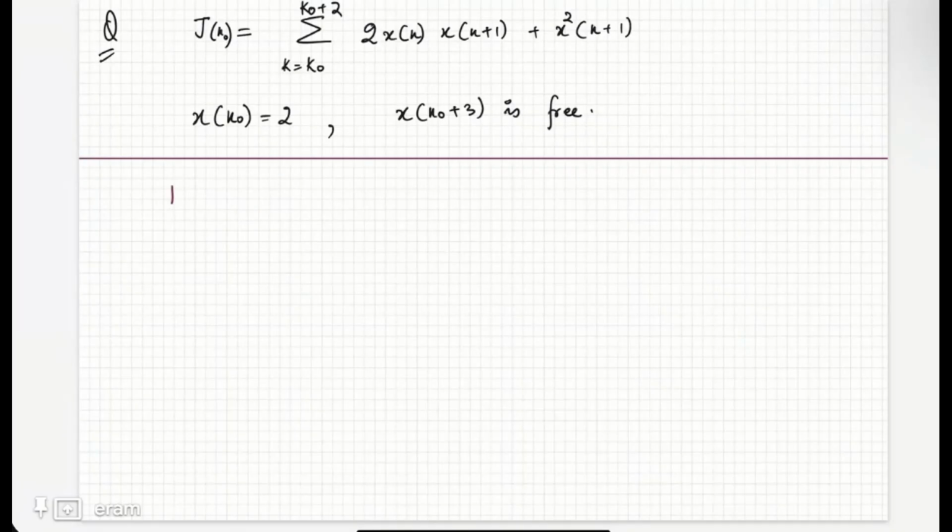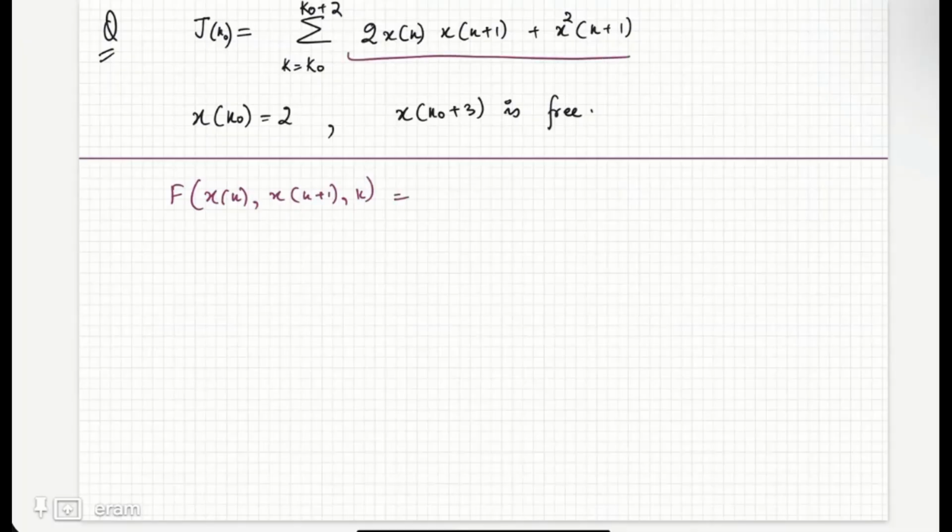Basically f of xk, k plus 1 and k is this right hand side, so it is 2x of k, x of k plus 1 and x square k plus 1.